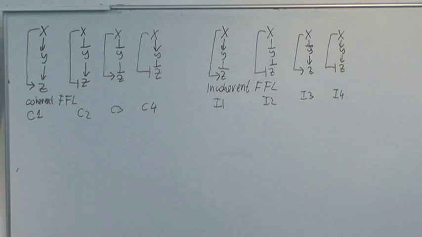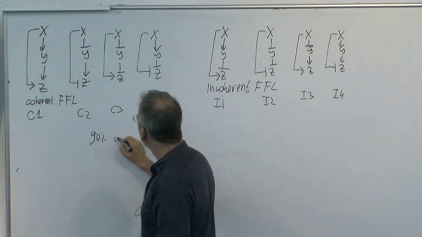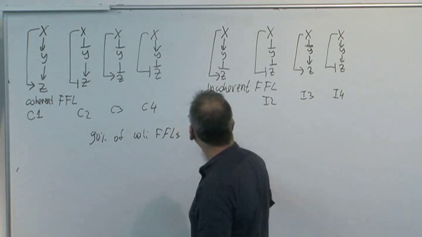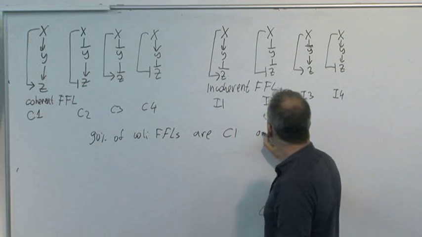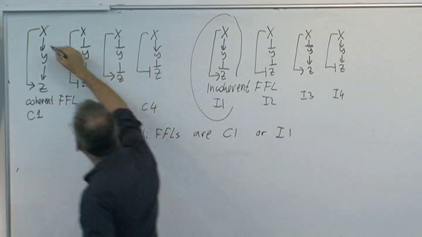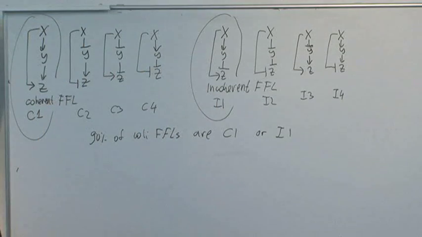When you look at the types of feed-forward loops in E. coli, you find that 90% of E. coli FFLs are coherent type 1 or incoherent type 1. So again, a big simplicity. Of the 13 possible circuits, only one is a network motif, and of the 8 types, only 2 are found. And the other 10% is distributed between the other feed-forward loops.